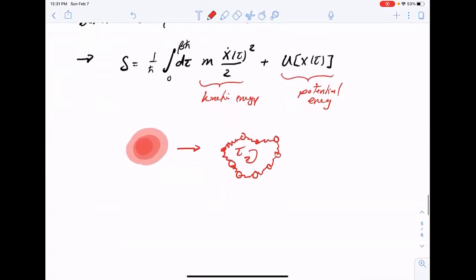And the subsequent partition function is now an integral over all of those paths in that imaginary time, weighted by that action.